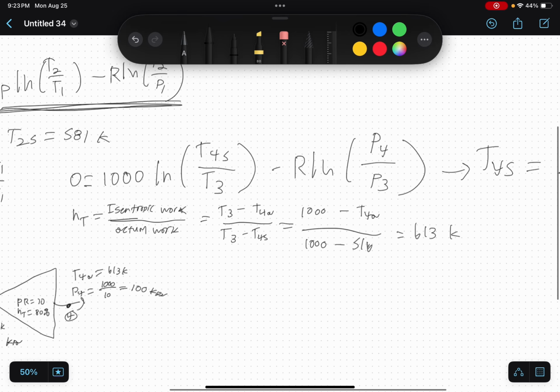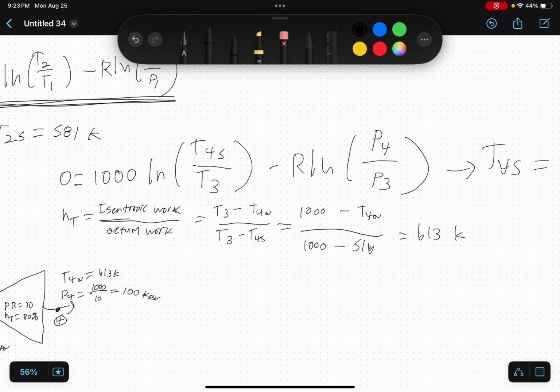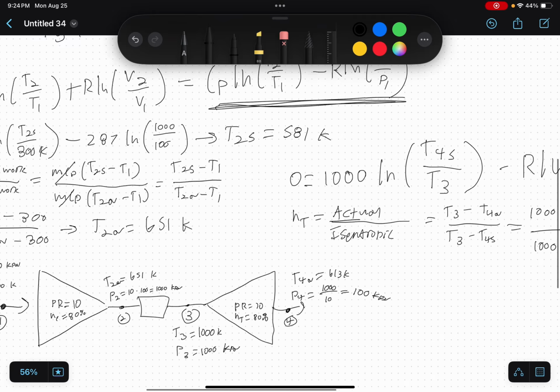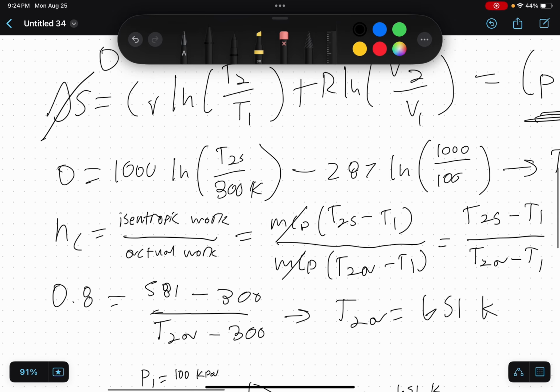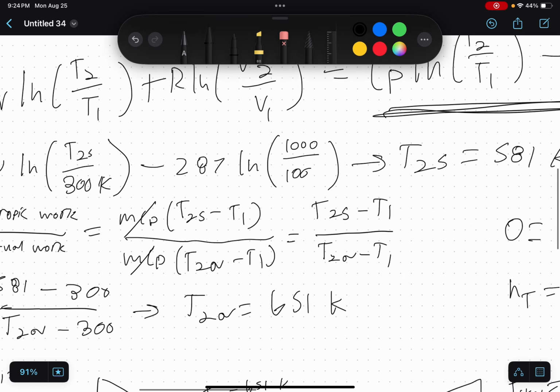I think it makes sense because a turbine's trying to extract. This is upside down, that's fine. Turbine's trying to extract as much energy as possible. So a compressor is trying to use the least amount of energy as possible, which is why isentropic's on the top.